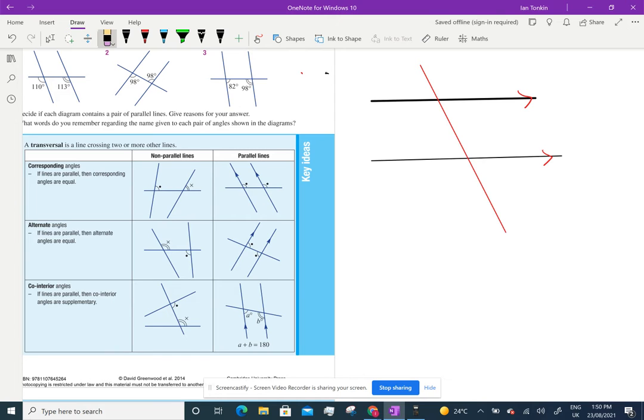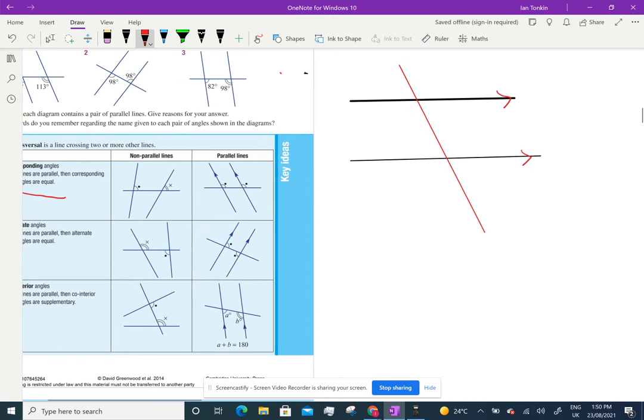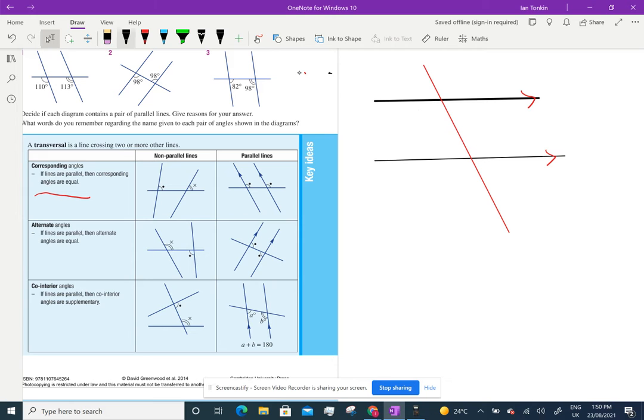Okay, so let's start with corresponding. So you need to write your notes. Corresponding angles on parallel lines are equal. And that just means if you get an F. Now, you can have all sorts of different Fs.